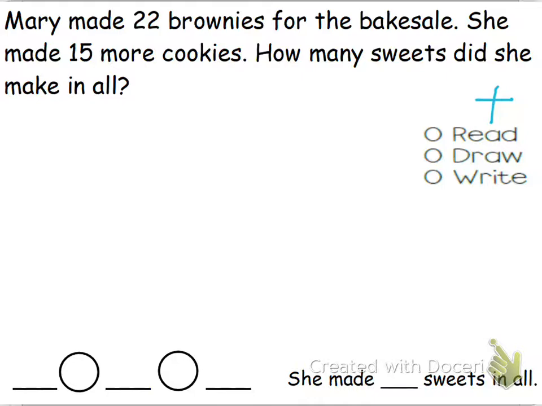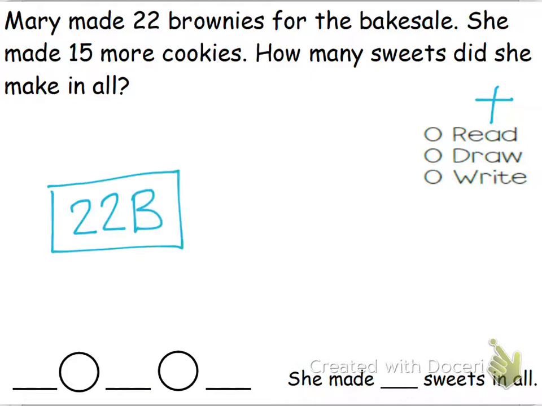So now, looking at this, we know that Mary made 22 brownies for the bake sale. We're chunking it now. Is 22 a part or our whole? It is a part, right? So it's 22 brownies. She made 15 more cookies, or 15 cookies, because you really don't need more for this.